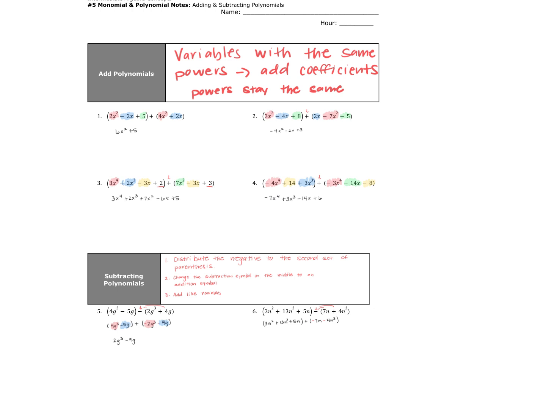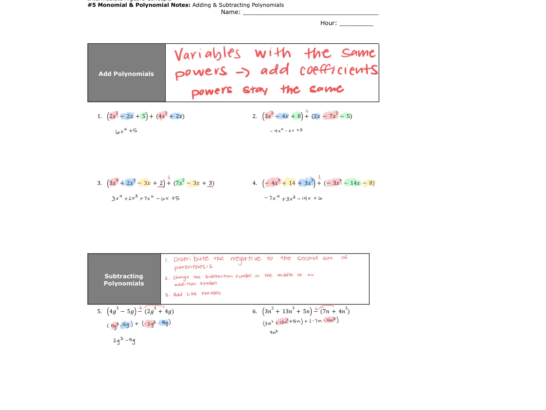Okay, and now we're going to combine our like terms. So I'm going to start with my highest power, which is a positive 13n to the third, and I'm going to combine it with my n to the third over here. So I have 13 plus negative 4. Well, 13 plus negative 4 is going to give me 9. So I have 9n to the third. Now I'm going to do anything to my second power.